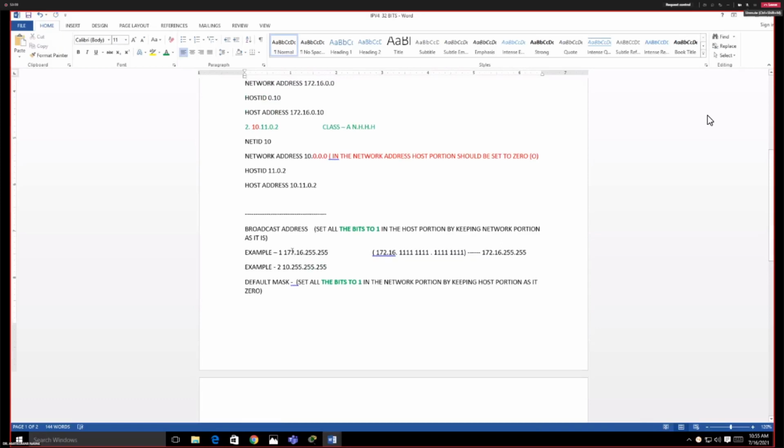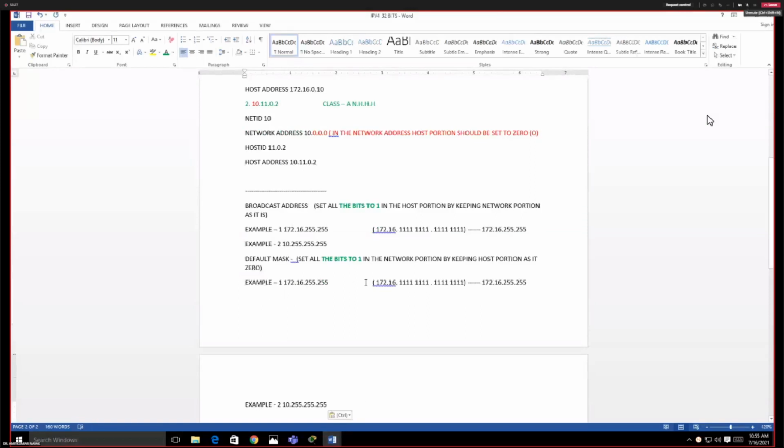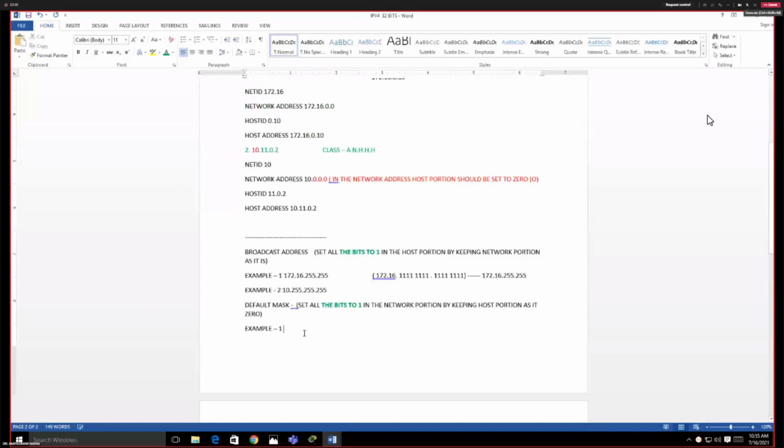The broadcast address I will explain to you. The value which we have identified is the value of the broadcast address. But for the default mask, if we apply the rule, what will be the value for example 1 and example 2? Is there anyone who can explain? Set all the bits to 1 in the network portion by keeping the host portion as 0.